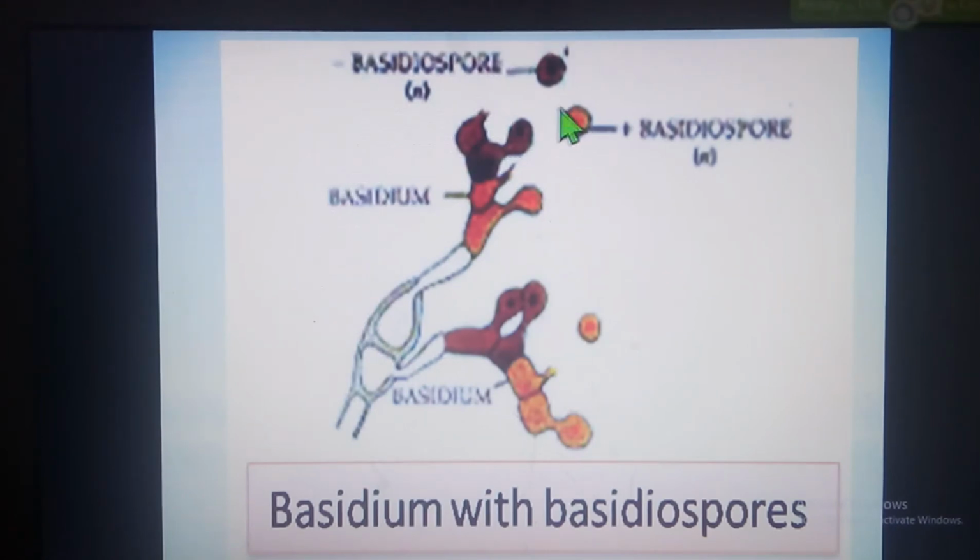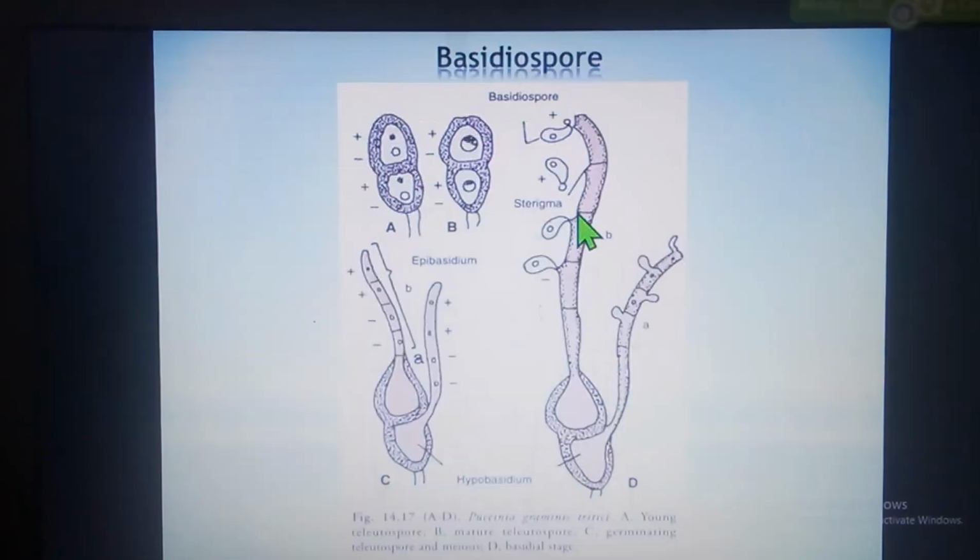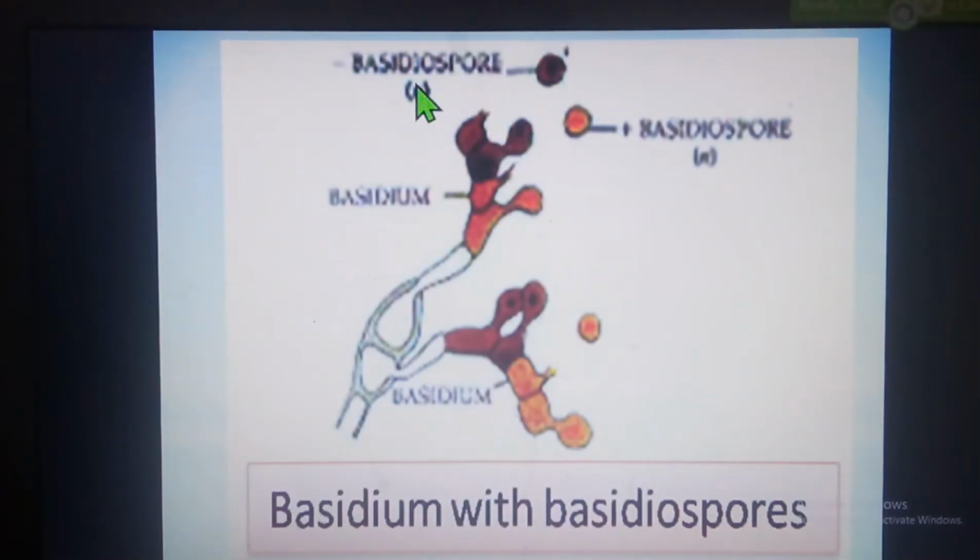Here you can see these basidiospores which have already been detached from the basidium. Okay, they are round, thin-walled, unicellular and small, and also they are haploid. Remember, the nuclei have already undergone meiosis to form four haploid nuclei, so these basidiospores are haploid.